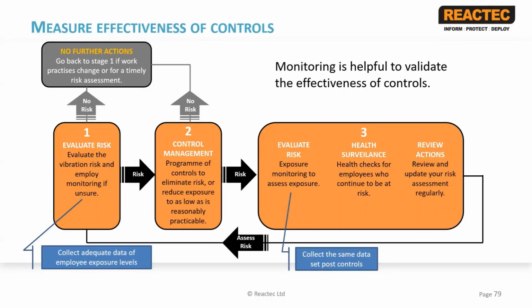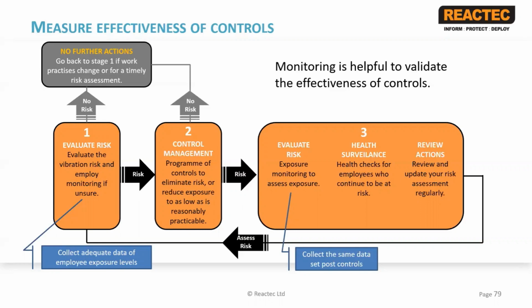The following diagram is another way of trying to appreciate how monitoring or collecting data on people's exposure can also be helpful to assessing the effectiveness of your controls. This is what might look like your classic control loop diagram. So you start by evaluating the risk. If there's no risk, there's no further action.